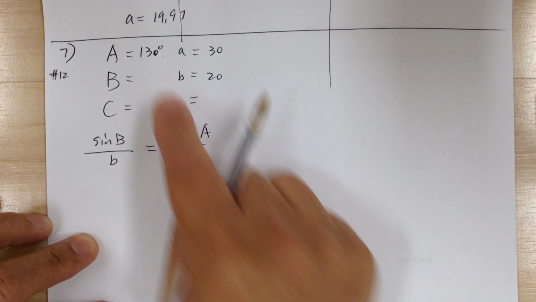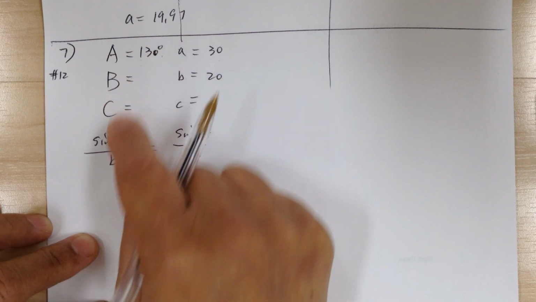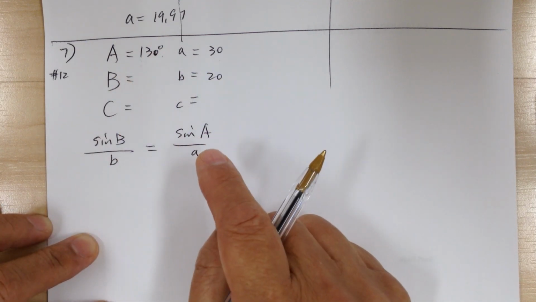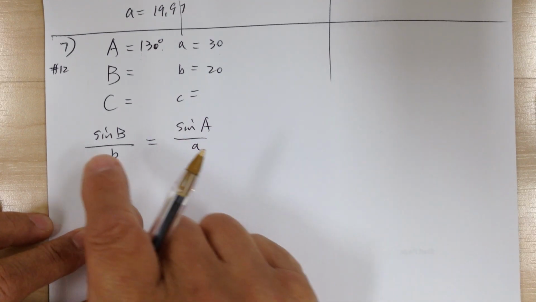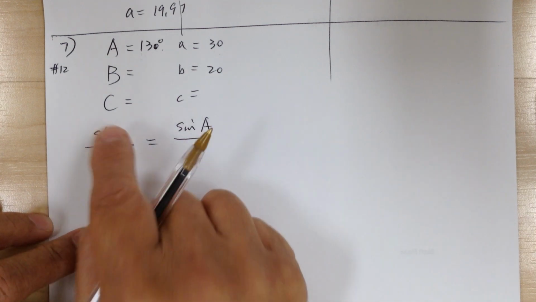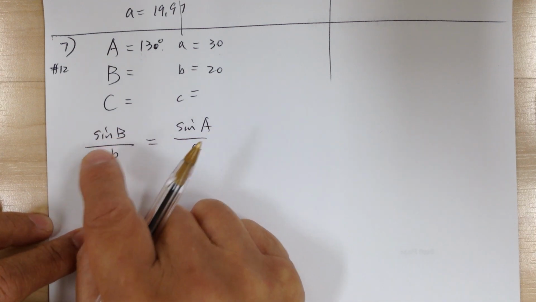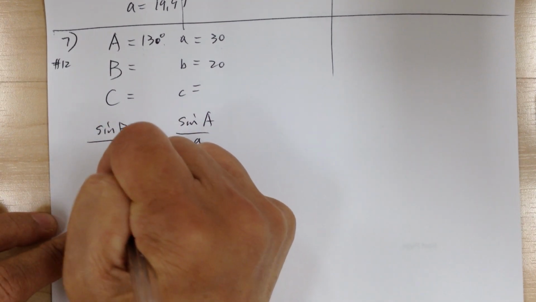So this is not the largest angle, so we know you're going to have one case. Again, the only time you have to worry about a second case is if the angle you're getting from the law of sine is the largest angle. So this is not the largest angle, therefore there will be only one case. Okay, so substitute.